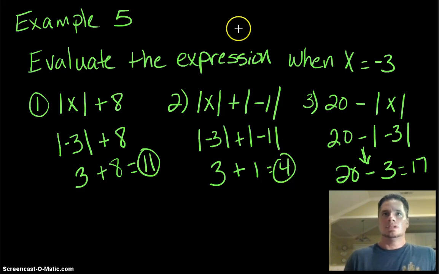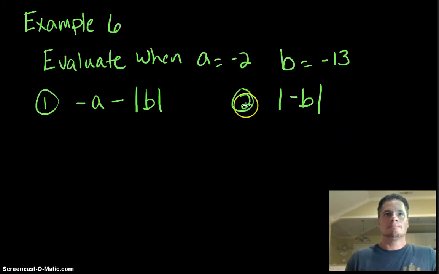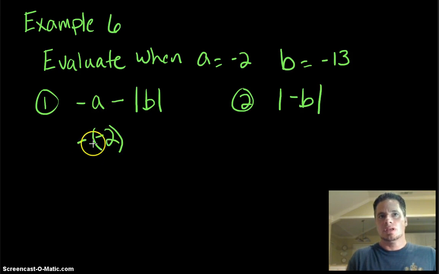Okay, let's look at another example here. We've got two variables. Let's substitute first before we try to figure anything out. Keep the minus sign. Now a is -2. Notice, sometimes it helps to put in parentheses what you're substituting. But notice I had to keep this minus sign because it was here before. Even though 2 has a negative on it up here, this minus sign has to stay here because it's just coming down.